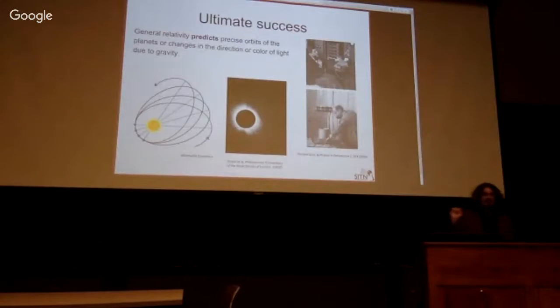Now, this is a unique prediction by Einstein's theory. This is not predicted in the Newtonian understanding of gravity. This is the first thing that made Einstein famous. The second thing is the solar eclipse of 1919. In 1919, there was a very famous solar eclipse, which allowed astronomers to measure the precise positions of the stars right next to the sun.